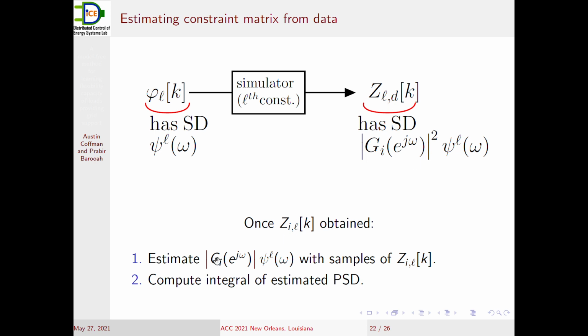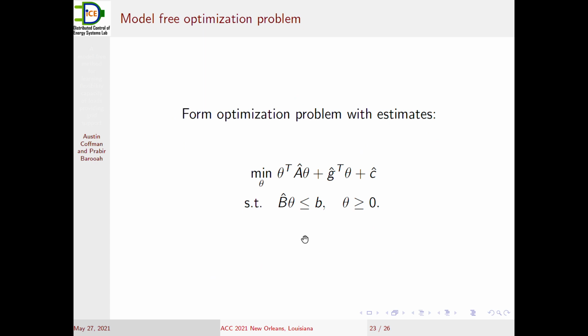So the idea is that you can simulate, collect samples, use those samples to estimate this quantity at various frequency points, and then use this quantity to numerically integrate it at those frequency points to get that single element of the matrix B. You can then do that iteratively to get the whole matrix B. And the idea is we'll denote that as B hat, and all the other quantities as A hat, G hat, and C hat. And this sets up the same optimization problem just with the estimated quantities.